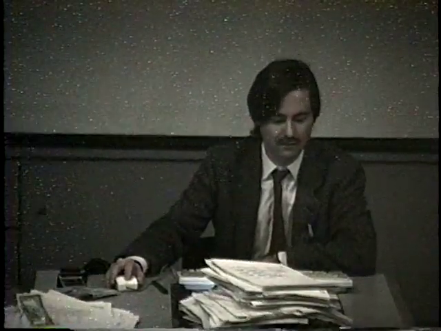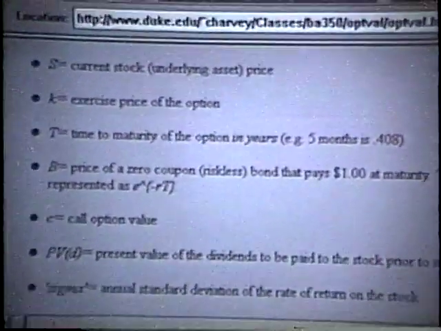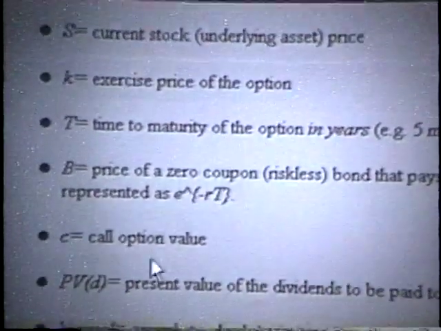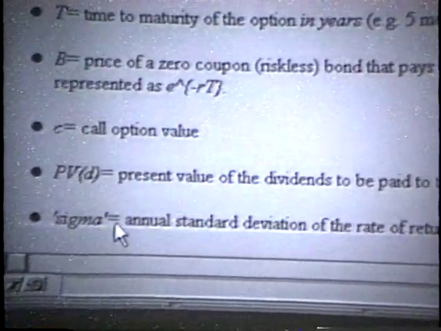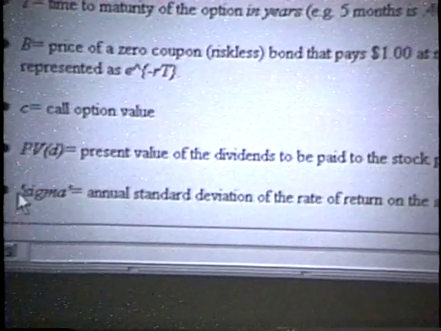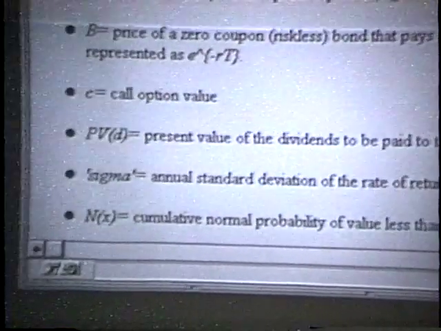C is going to be the value of the call option today. PVD is going to be the present value of the dividends to be paid prior to maturity. Sigma, and that's supposed to be the Greek sigma, but Netscape doesn't recognize any Greek symbols. So that's sigma for now.